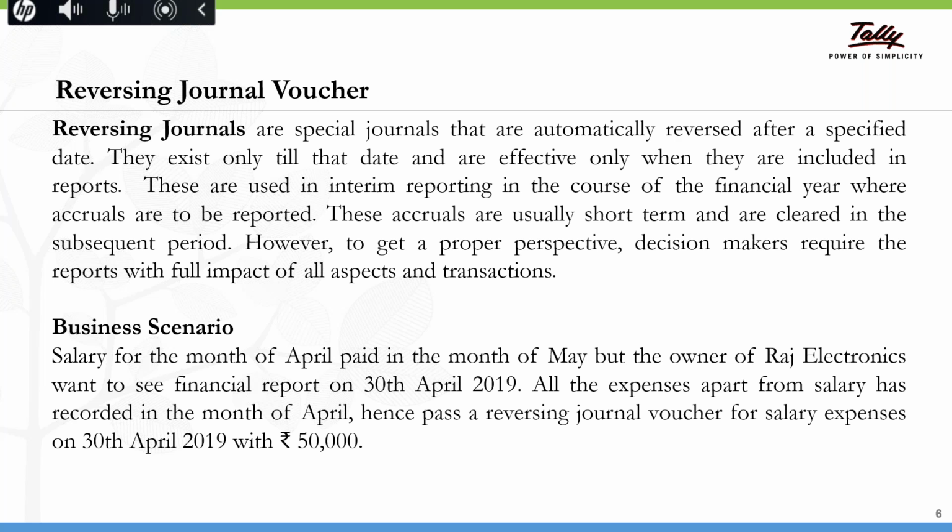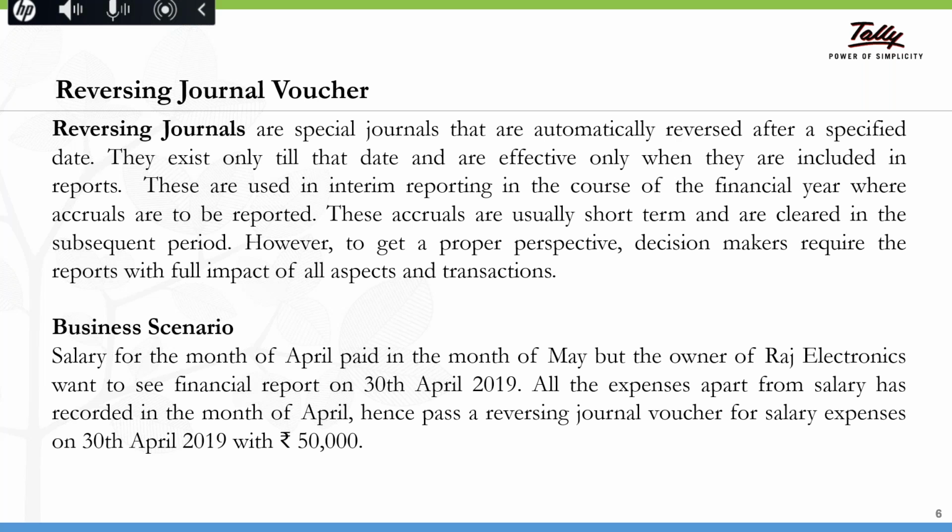Okay. These are used in interim reporting in the course of the financial year where accruals are to be reported. Okay. These accruals are usually short term and are cleared in the subsequent period. However, to get a proper perspective, decision makers require reports with the full impact of all aspects and transactions. Okay, so that means it is only used for accrual basis reports.